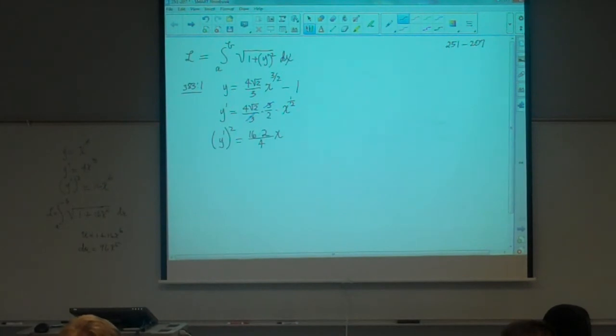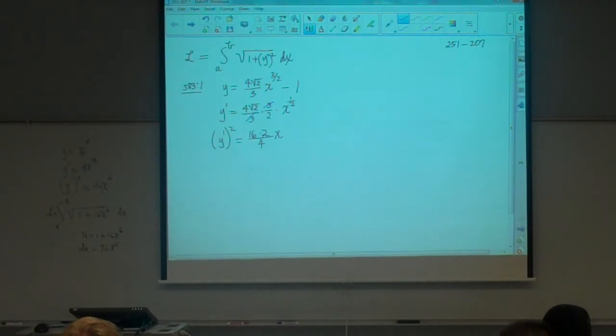Shouldn't it be 2/3 instead of 3/2? No, that's right. I was taking the derivative, so don't I multiply by the exponent and subtract 1 from the exponent? Shouldn't it be x over a quarter though, if you're squaring 1/2? The exponent, or?